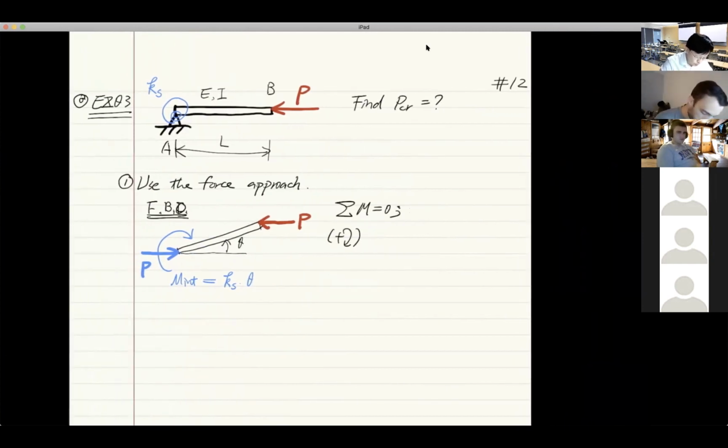The first term is the internal moment, that's just Ks times theta. And what about the moment produced by this P? Now we know the magnitude of the force, but do we know the force arm? How do we determine that? The question is, what is this distance here, right?